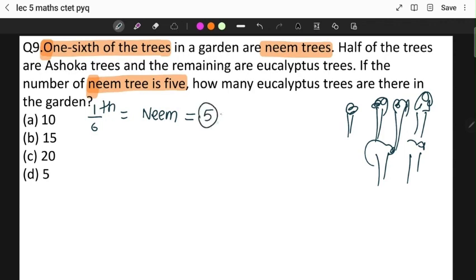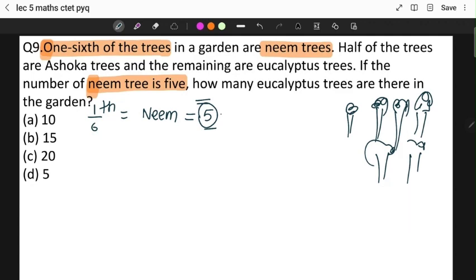Whenever we are talking about a fraction, like 1/6 of neem trees or 1/6 of eucalyptus trees or any given data, always keep in mind that the denominator shows the total number. Out of 6 trees, 1 tree is the neem tree.